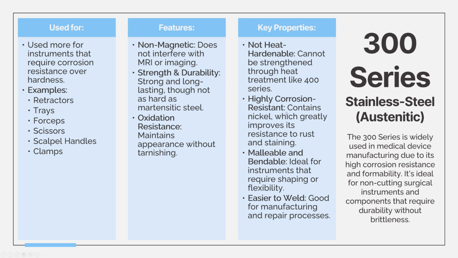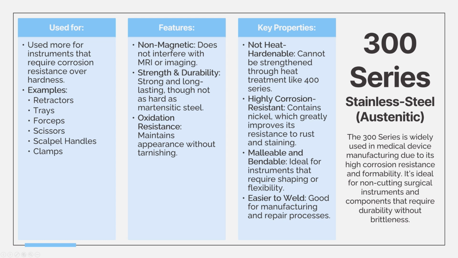All right, and then we're going to move on to 300 series austenitic stainless steel. So this type is non-magnetic and highly corrosion resistant, even in harsh sterilization environments, making it ideal for instruments like forceps, retractors, and clamps that don't require a sharp edge but need long-term durability.